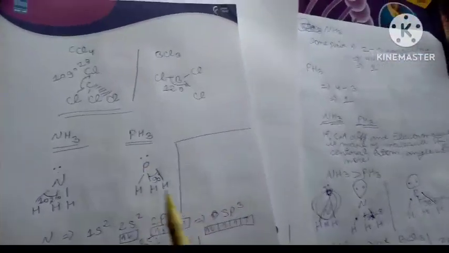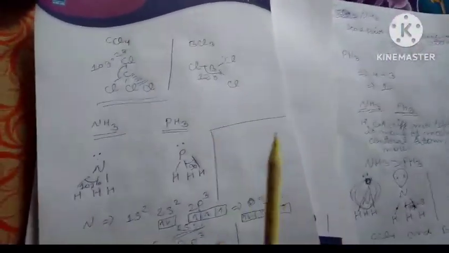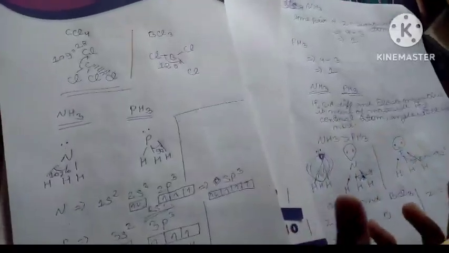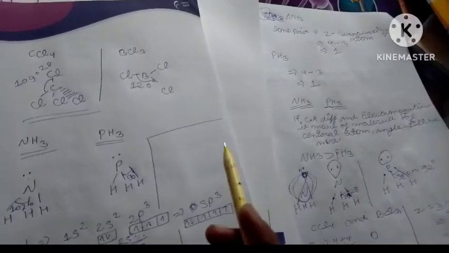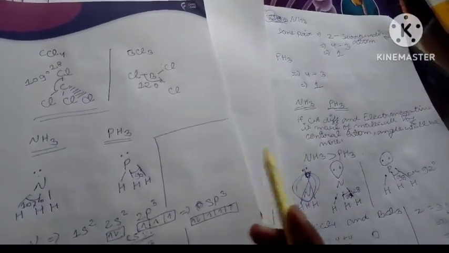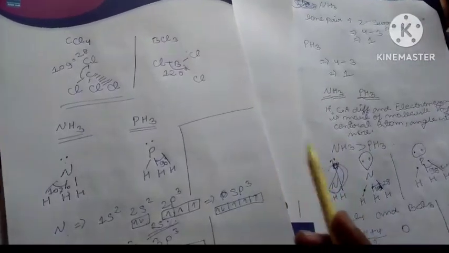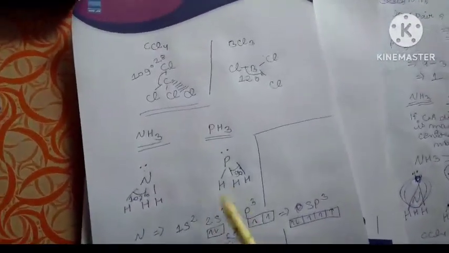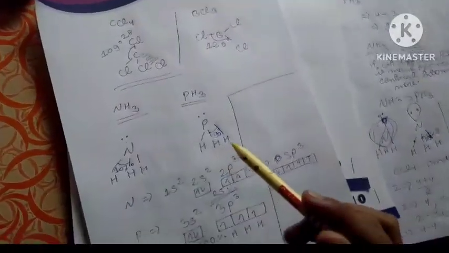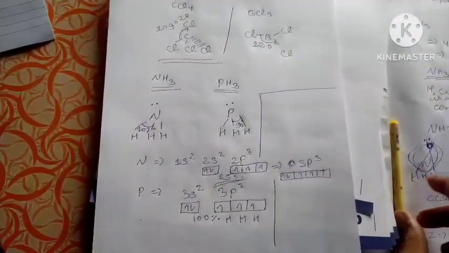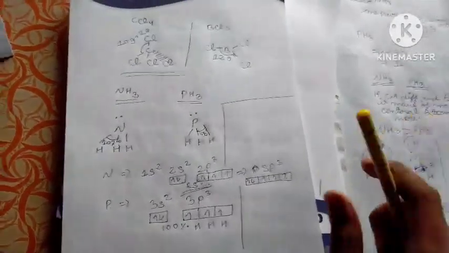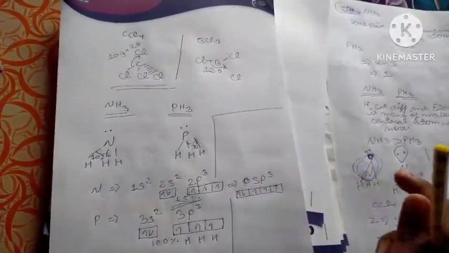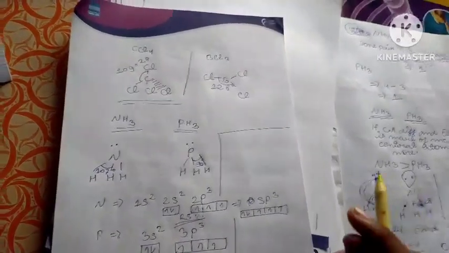Now you will ask under what conditions Drago's rule is applied, when and how. It is generally applied to the hydrides of the 15th group elements. Now the question arises: nitrogen is also present in the 15th group, so why is hybridization happening? This is because Drago's rule is applied in the 14, 15, 16 group elements except the first element.